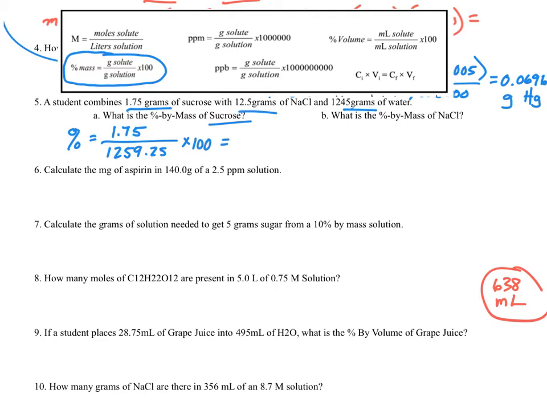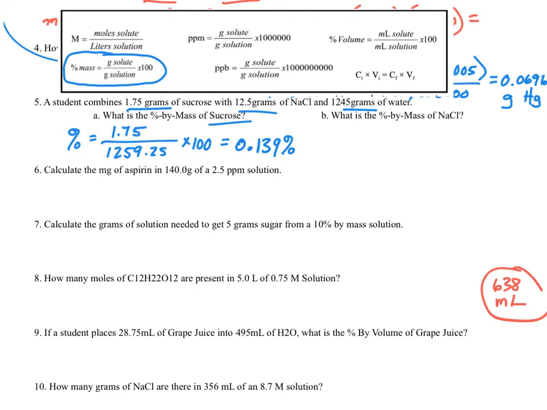So 1.75 divided by 1,259.25 times 100 gives us 0.139. So 0.139%. All right, 1.75 out of 1,000 is a very small percentage.